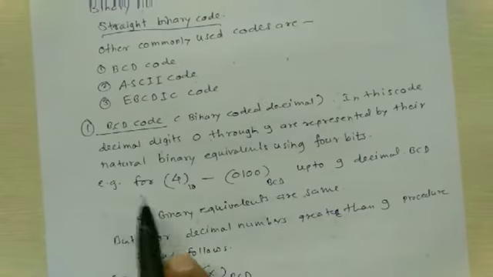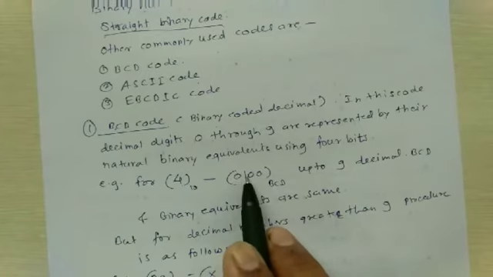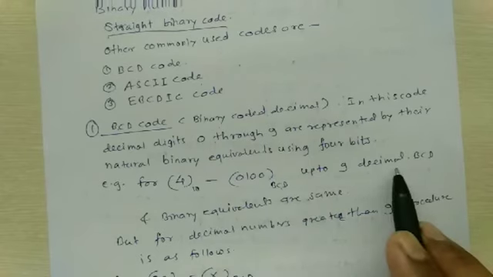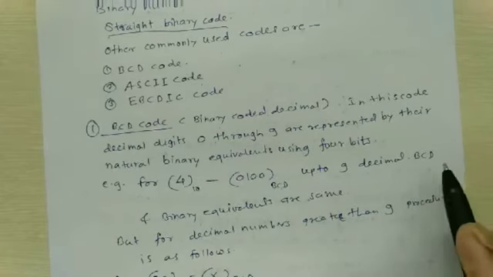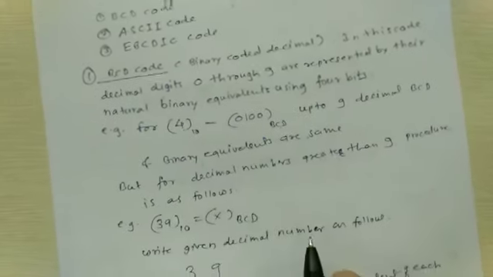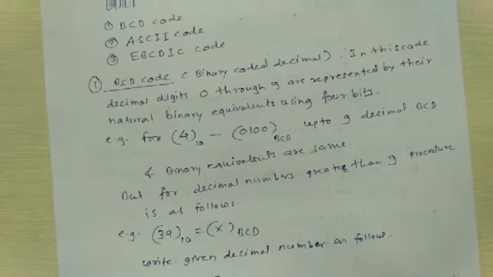For example, for decimal 4, there is 0100. Up to decimal 9, BCD and binary equivalents are the same. But for decimal numbers greater than 9, the procedure is somewhat different.